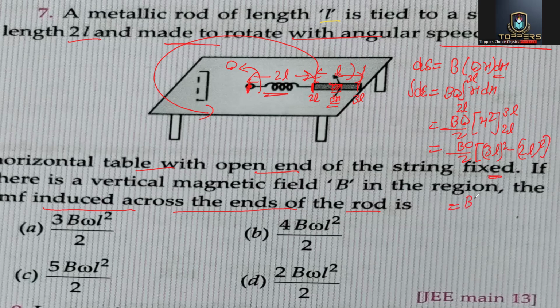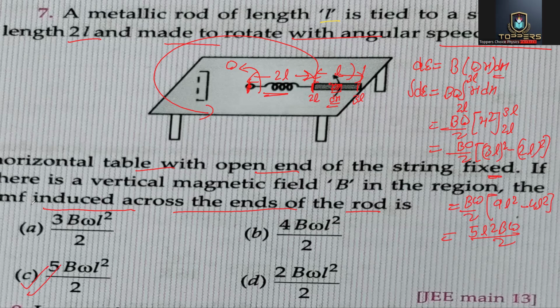That will be B omega by 2 into 9L square minus 4L square, that will be 5L square B omega by 2. Correct? So this is the third option from this section.